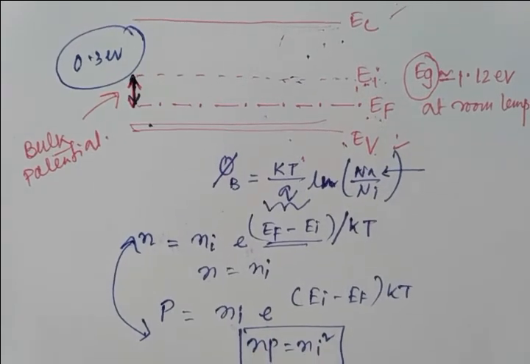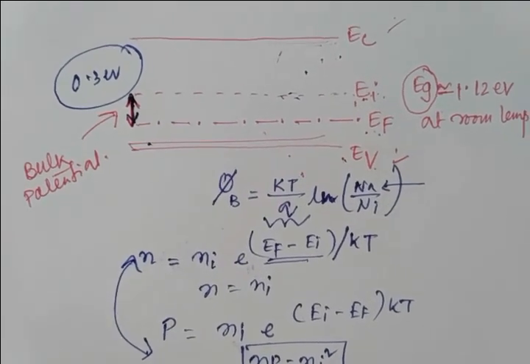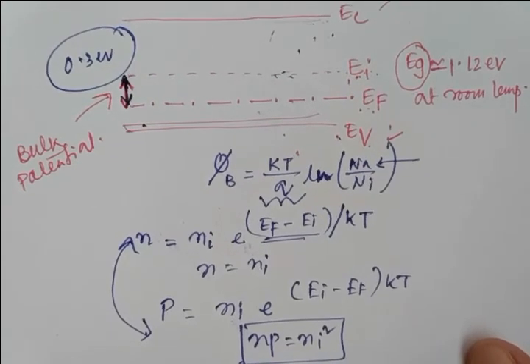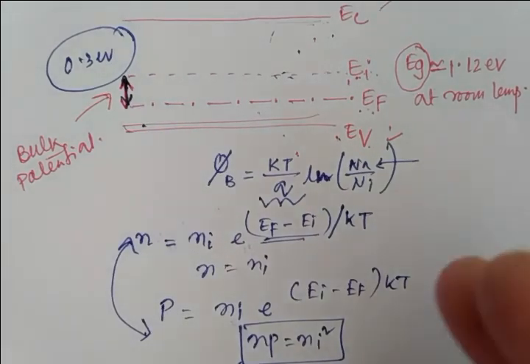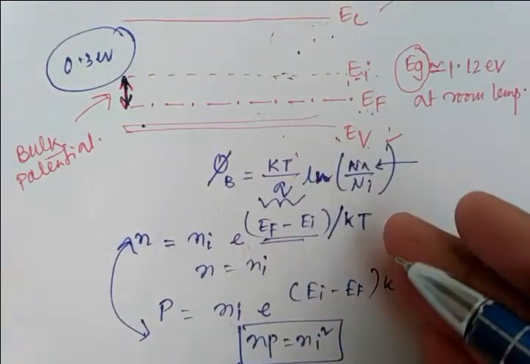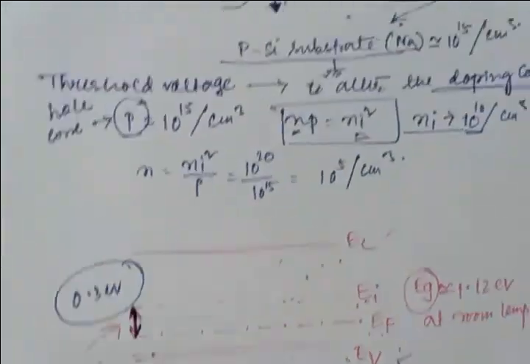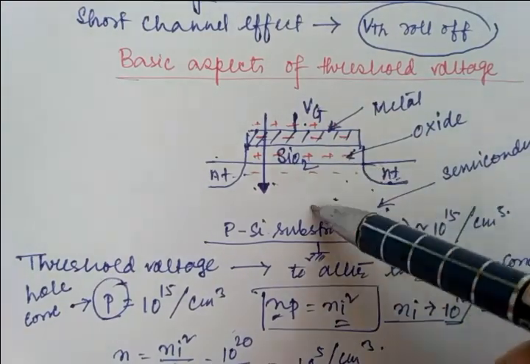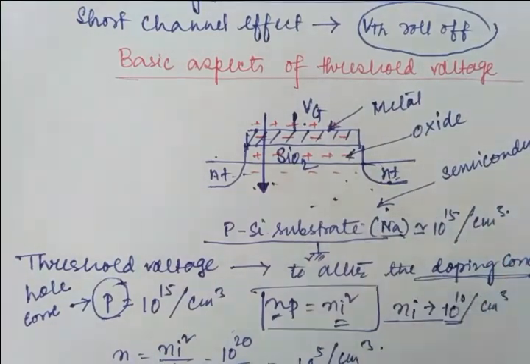If we discuss the energy band diagram, I think after this there will be no confusion. Coming to the upper part, if we discuss the energy band diagram from the gate to oxide and to semiconductor, which I have drawn over here, what will it look like?